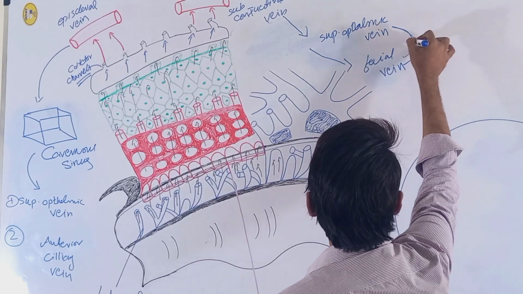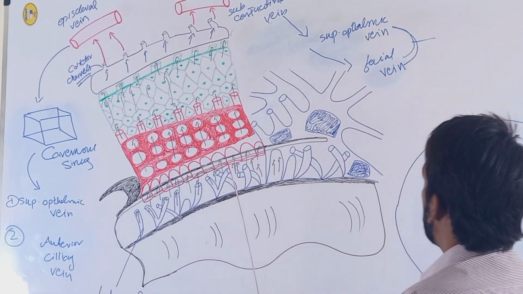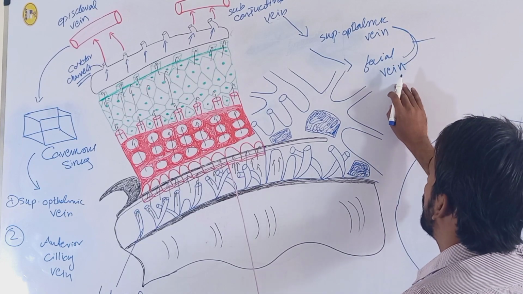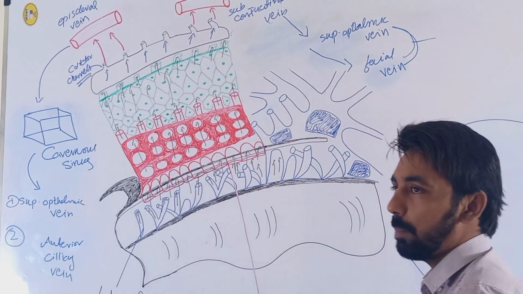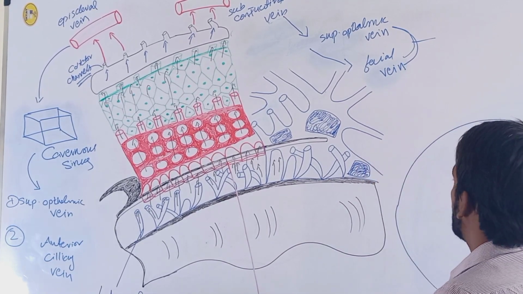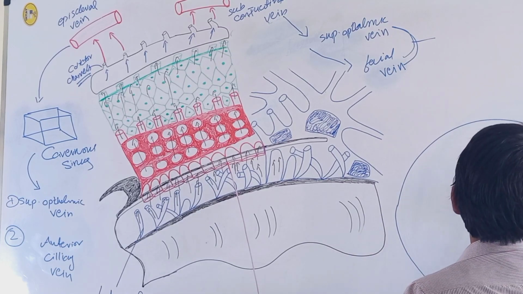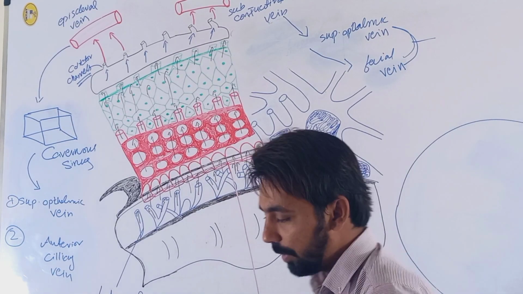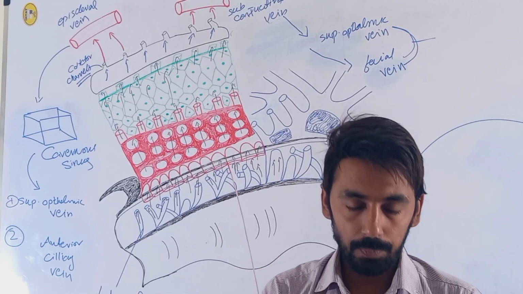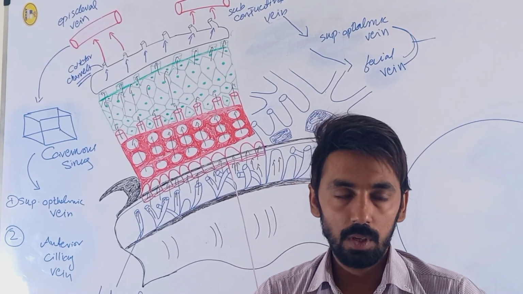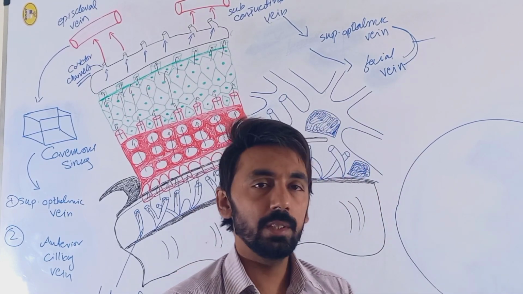So these two veins will make the aqueous humor part of the blood, and then the blood will take it into the ciliary body, and the ciliary body will again produce the aqueous humor, right? And now I hope this is clear.